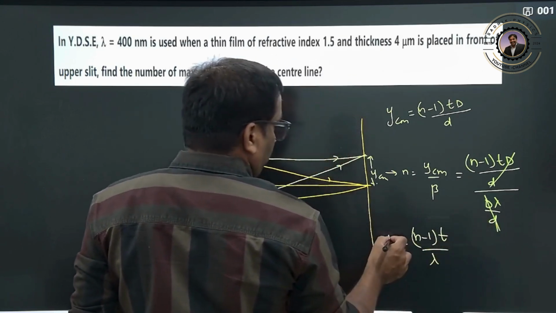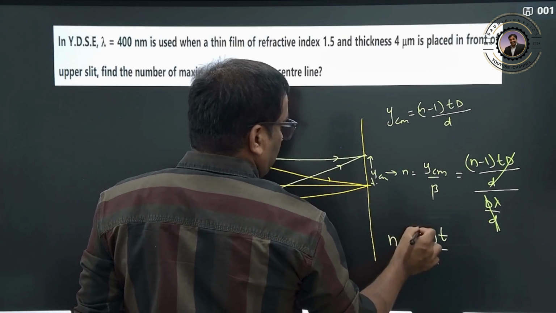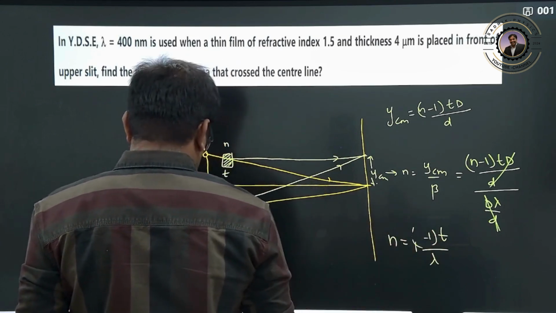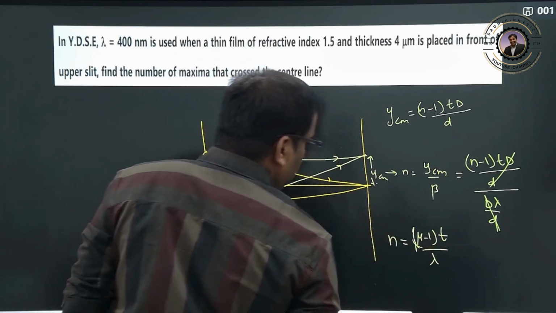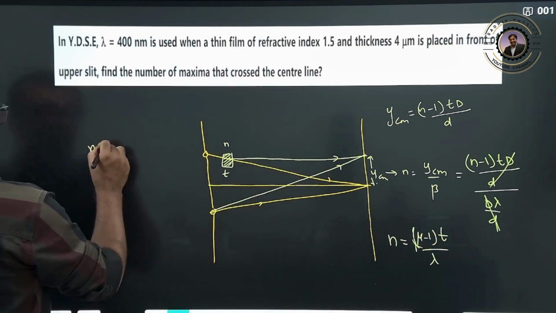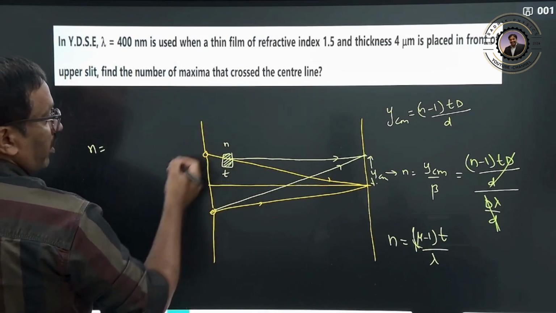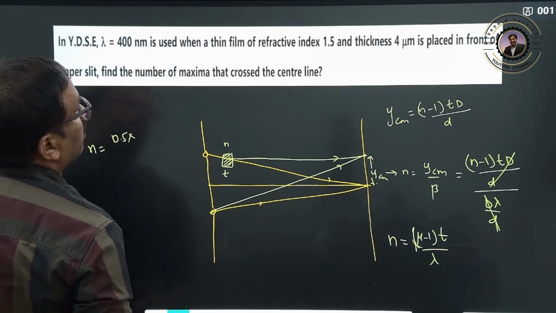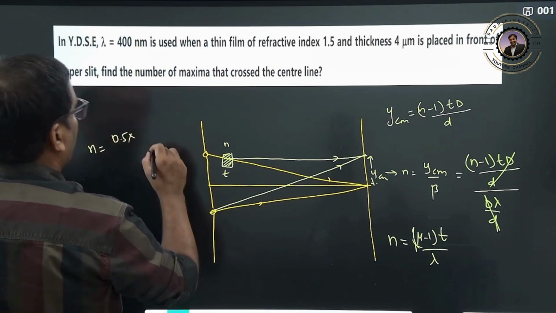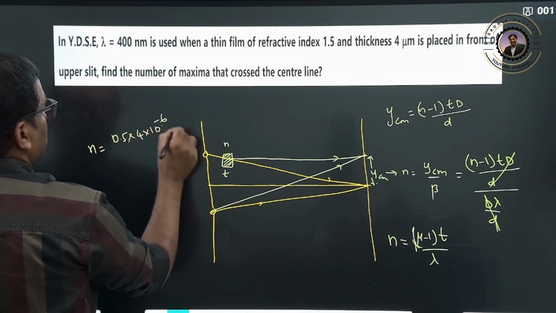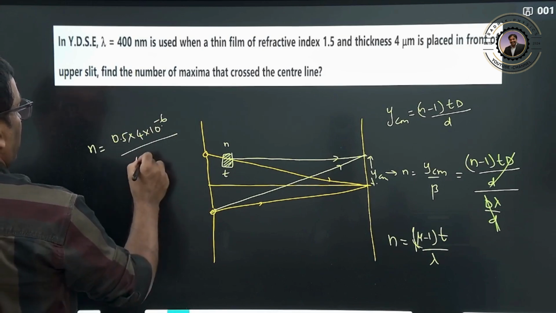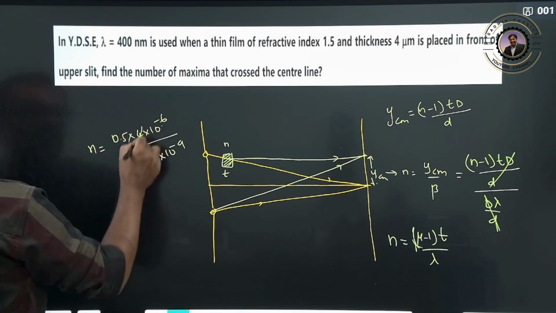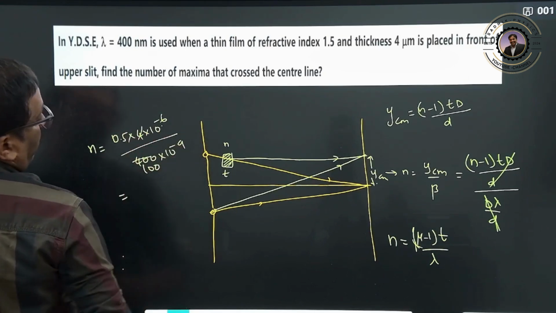Clear? So don't confuse n and n here. Suppose I take the refractive index as mu. So the number of fringes: refractive index 1.5 means 0.5, into the thickness, which is 4 micrometer, 4 into 10 to the power of minus 6, divided by 400 nanometer, 4 into 10 to the power of minus 9, which is 10 to the power of minus 7.